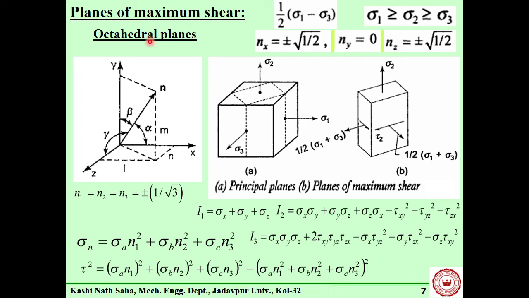Right. Now, what are these directions of maximum shear planes? That means octahedral planes. Now, this we can find out by taking, what we need to do from here: if this is our expression for shear stress, we can take a derivative of this with respect to, say, n1, n2, n3.